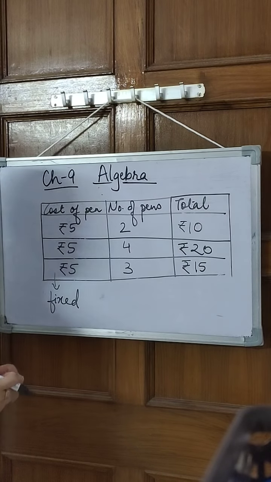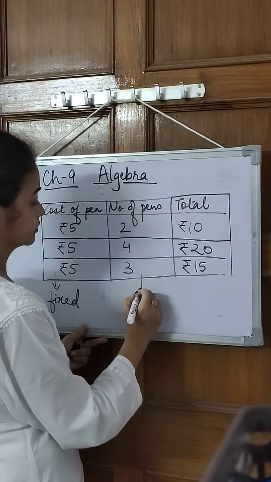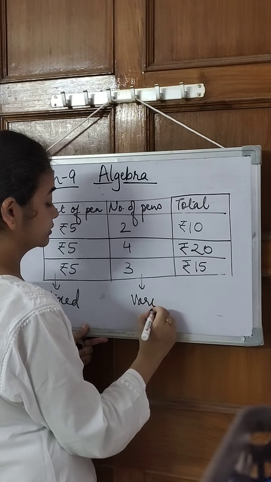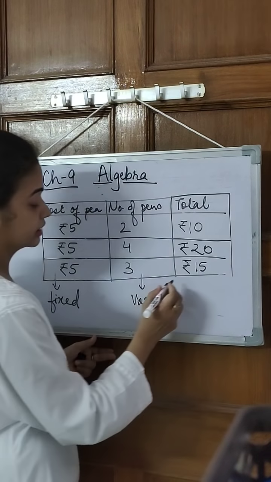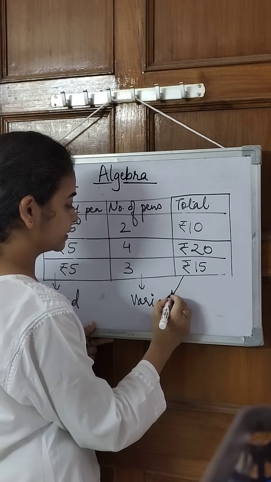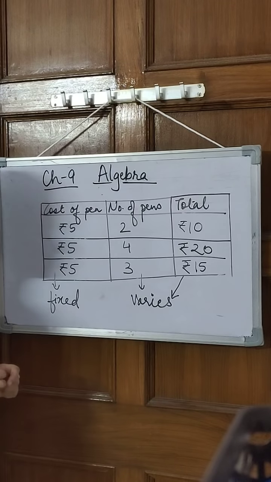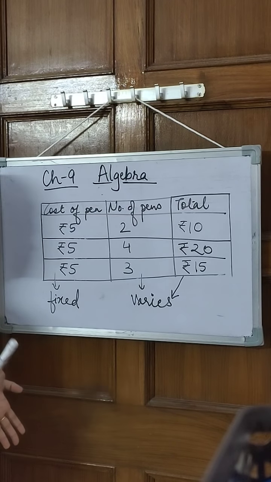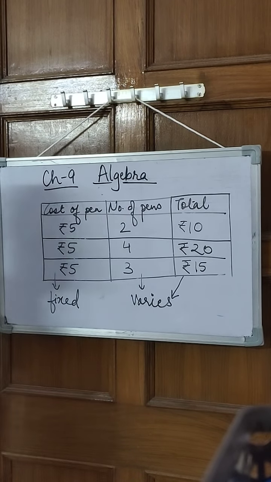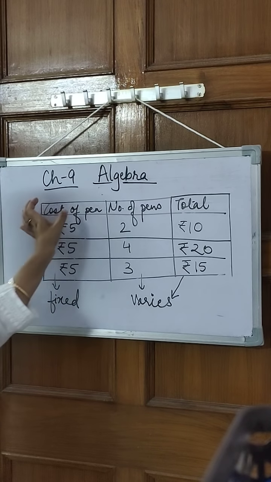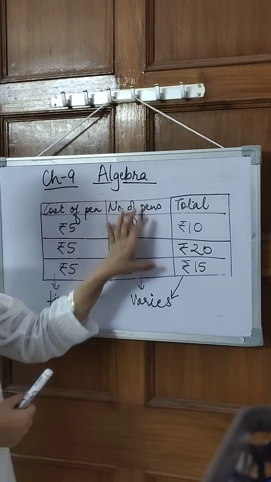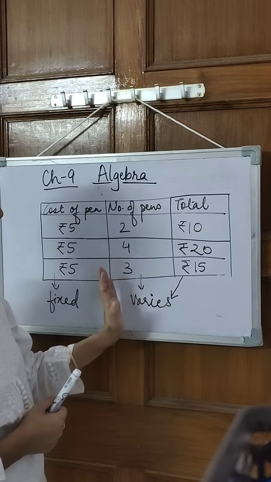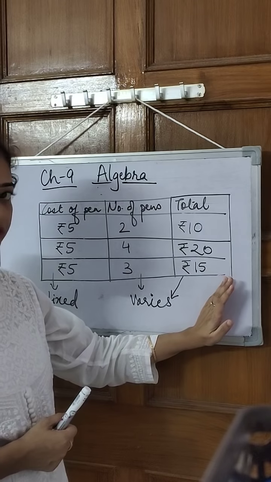And the thing that varies here is the number of pens. And obviously when the number of pens varies, the cost will also vary. The cost will not remain the same. So what we can observe in this table is that this is something that is fixed, and this is something that varies, and because of this, the cost will also vary.